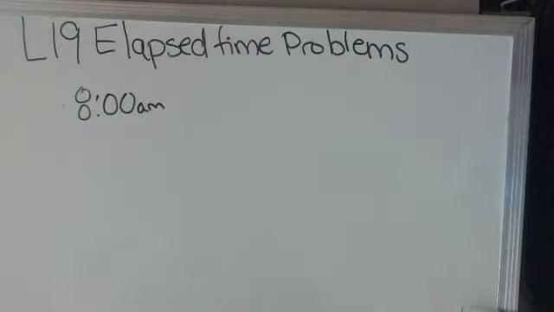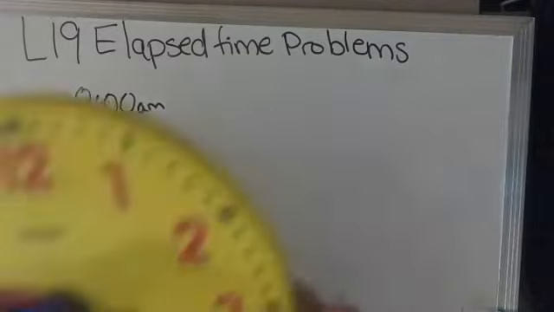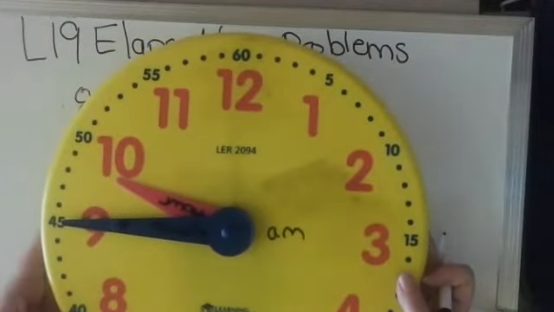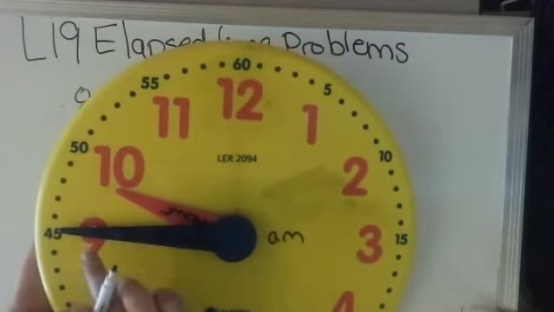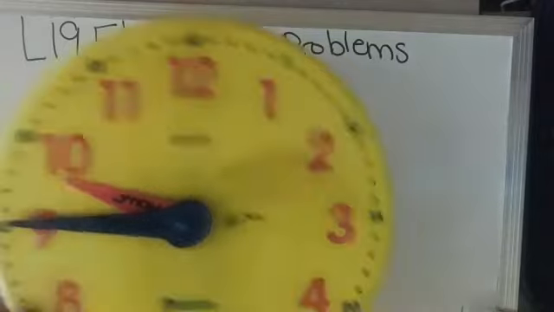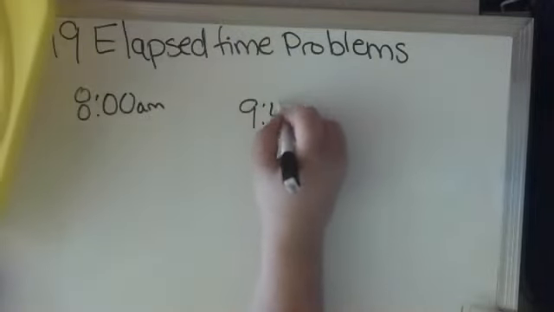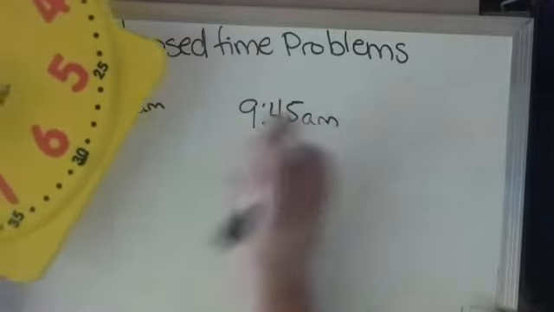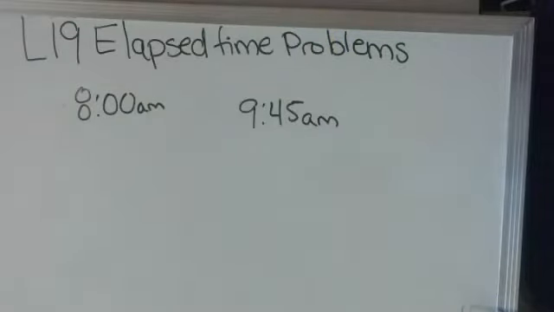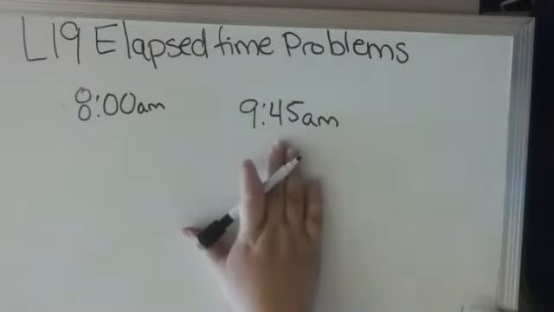The second time it shows you is this one, which is 9:45, because again, not quite at the 10 yet, so it's still 9, minute hand 45. It is also in the morning. Now the clock is going to go away for a second. So we have 8 a.m. and 9:45 a.m.